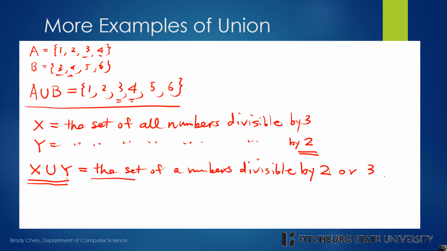So X union Y should include elements that belong to either X or Y. So that's another example of the union of X and Y.